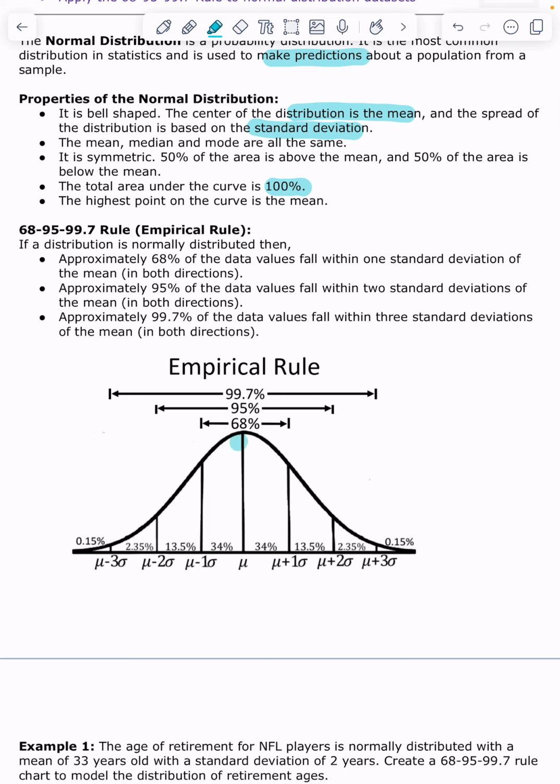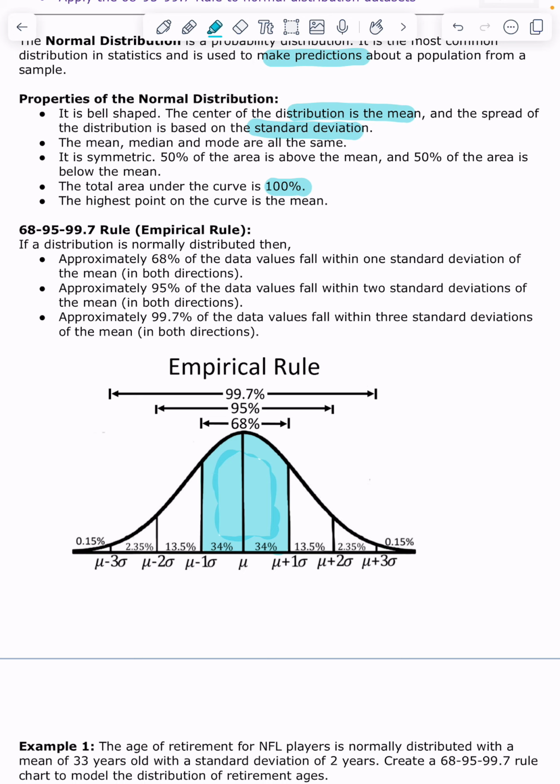Your middle 68%, the middle two sections of the graph, represents 68%. And of course, half of 68 is 34, so we can label each section with 34%. That's going one standard deviation away from the mean, so one below, one over.